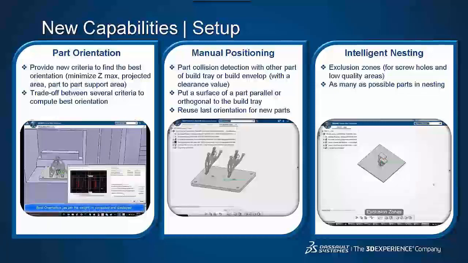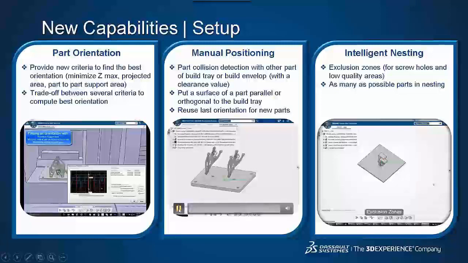So this allows you to, say, compute the best build orientation of a part by looking at both minimizing build height and minimizing the area of the part to be supported. So you can really just put weighting factors on the different optimization criteria, and we've introduced some new optimization criteria as well.